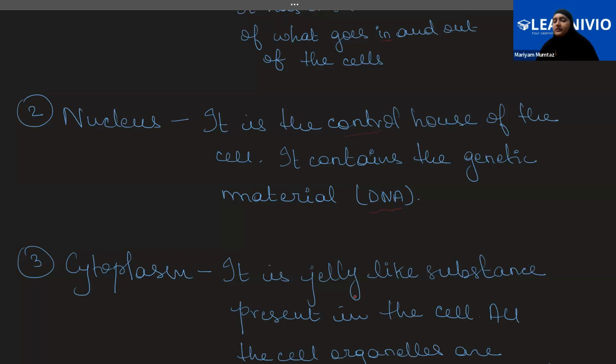Do you know the full form of DNA? No, I don't remember. It is deoxy... You can try. Deoxyribonucleic acid. Correct. Exactly.